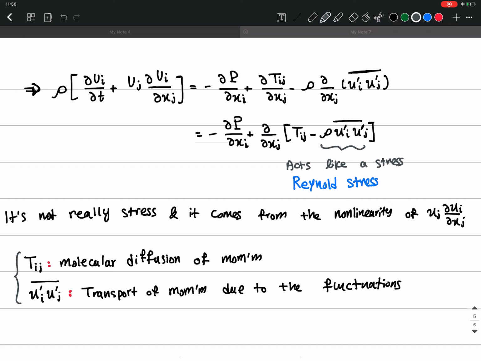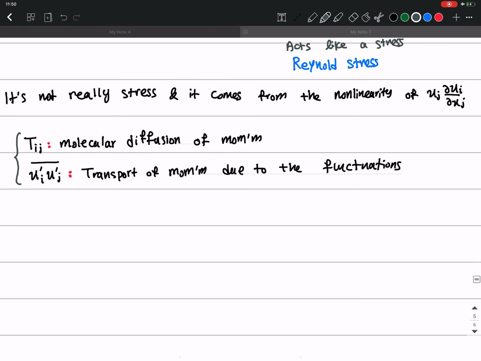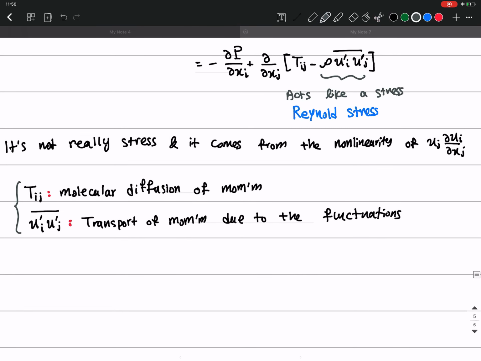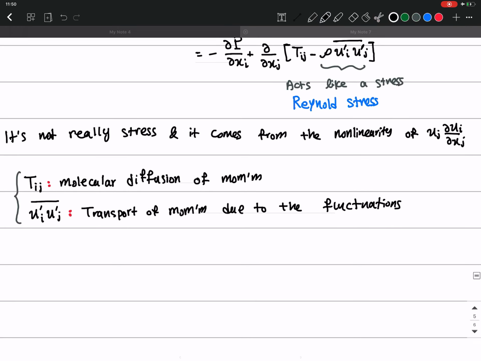so let's take a deeper and more careful look at this term u prime i u prime j, this tensor.